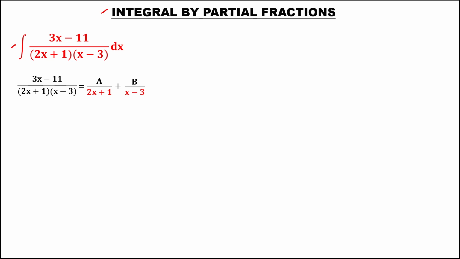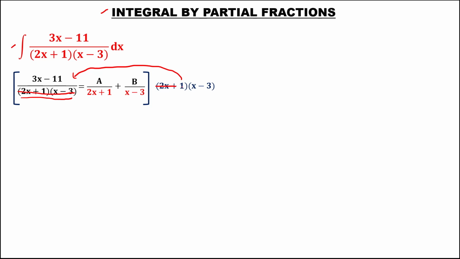Then to simplify, we need to multiply this whole equation by this denominator, so times 2x plus 1 times x minus 3. Then we need to distribute. Observe that we can cancel now.